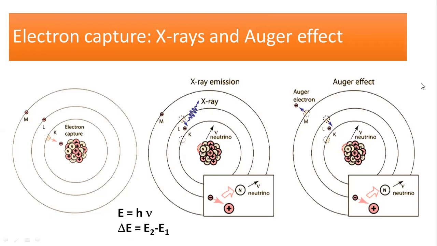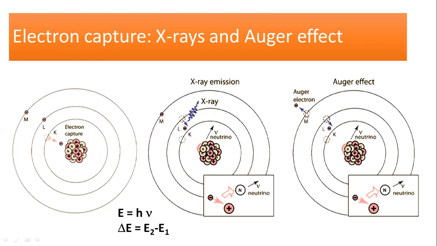Now, what is the Auger effect or the Auger electron? Look at the vacancy created in the L shell. Now the vacancy is created in the L shell because this electron has already moved to the K shell, and to fulfill this vacancy, an electron from the M shell is going to move towards the L shell.